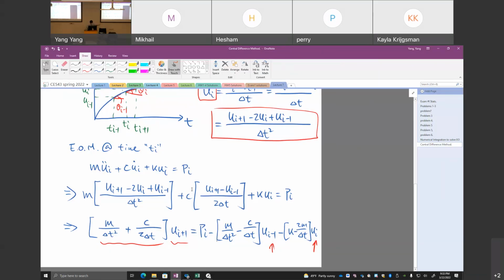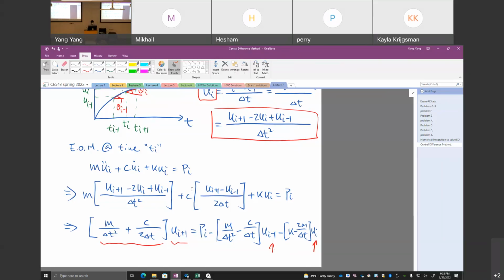So if we look at this equation, we can tell that in order to solve the displacement at any given time, t i plus 1, we need to know the displacement at the 2 earlier times. Right?